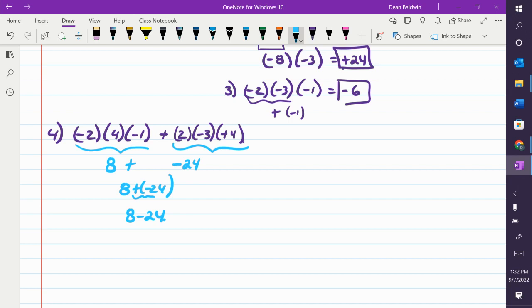It's 8 minus 24. Does everybody agree with that? Okay. 8 minus 24 is negative 16. Is it negative 16? Yes. Yeah, it is. Is that okay?